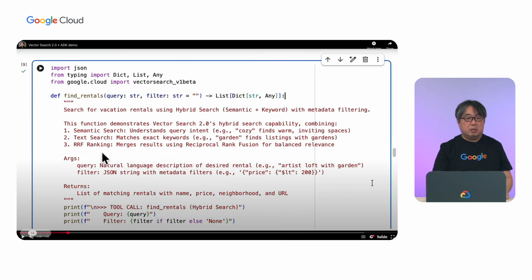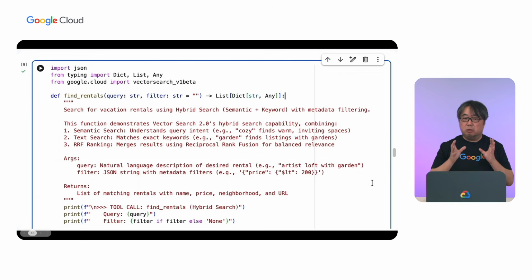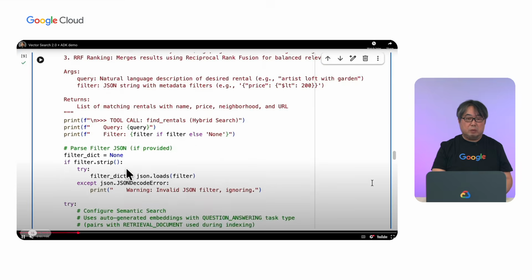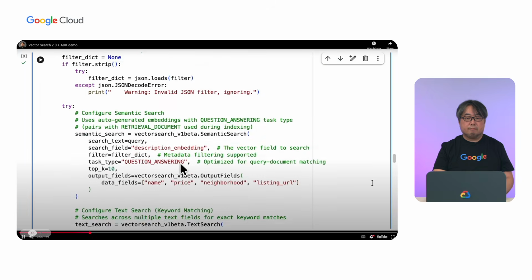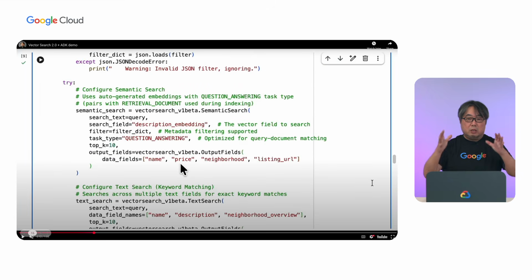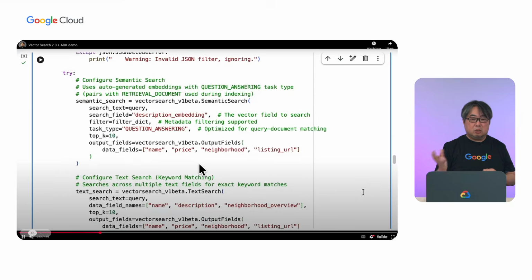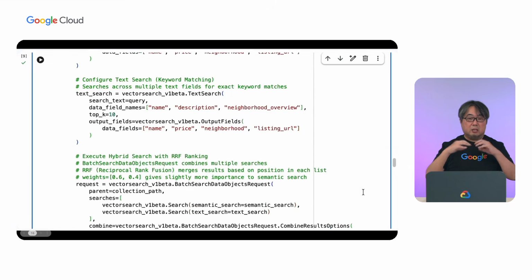For example, it takes 2 parameters, query and filter: query for the hybrid search and filter for the filtering. So with this docstring, the agent understands how to use this tool and how to call it with the parameters. And inside of the tool function, you can write the usual logic to call VS2, like a semantic search and a text search, and combine them as the hybrid search.